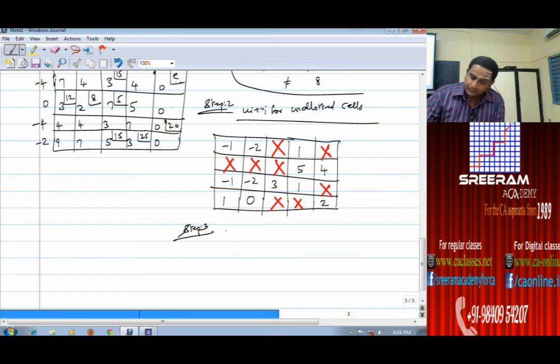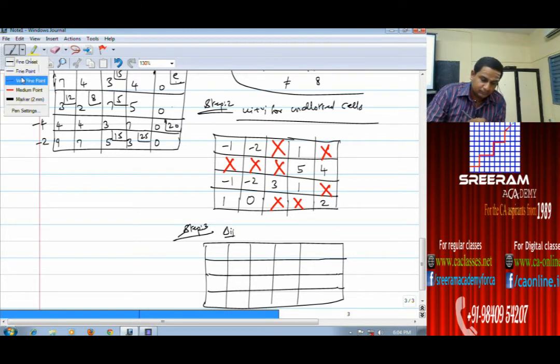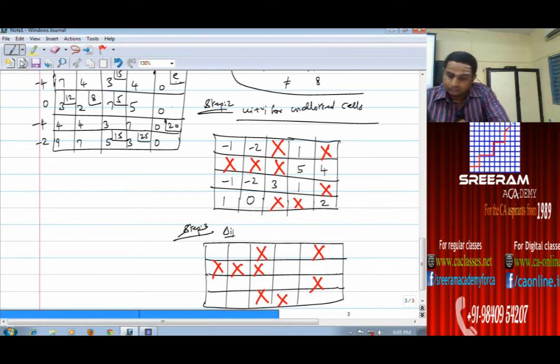Step 3, delta ij. You don't use a color pen, just for highlighting I am doing that.